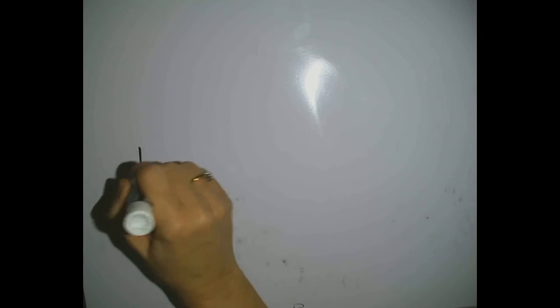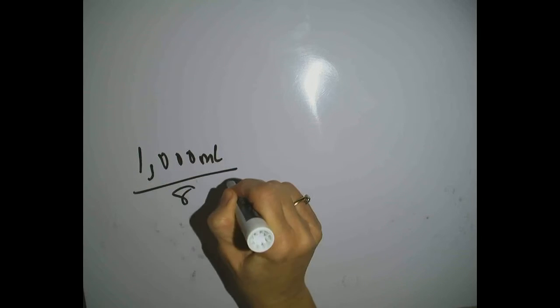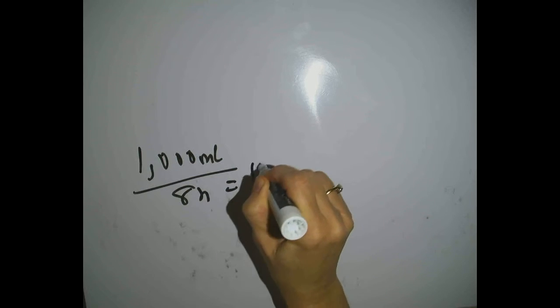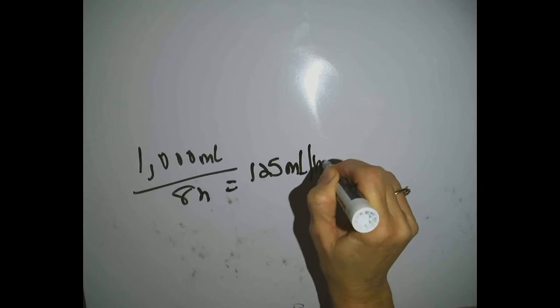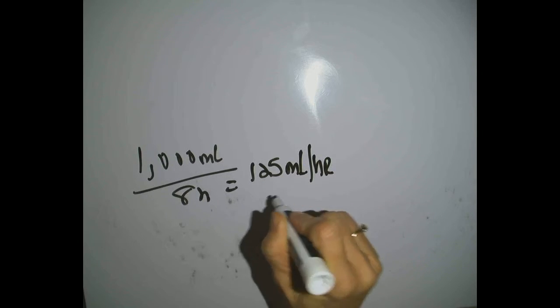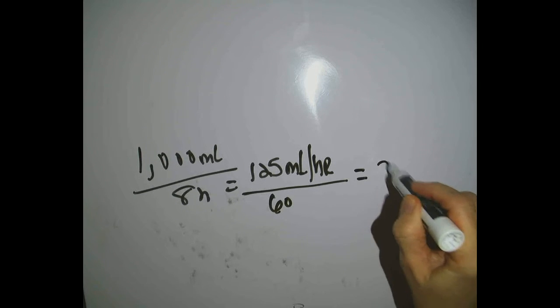So our first step is going to be to calculate the milliliters per hour, as we've done several times now. We've got 1,000 milliliters over 8 hours, and we've determined that that is 125 milliliters per hour. And then we converted that to a minute rate by dividing by 60, and we determined that there were 2.08 milliliters per minute.